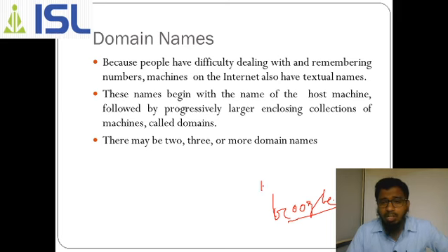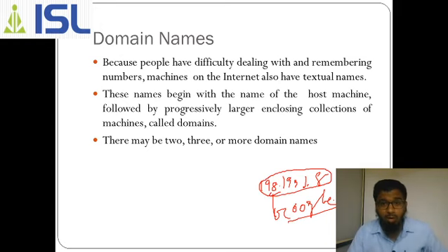If in place of this we had a number like 199.1.8, something like that, it is very difficult to remember the numbers. So in place of this you can write Google. This is called a domain name.